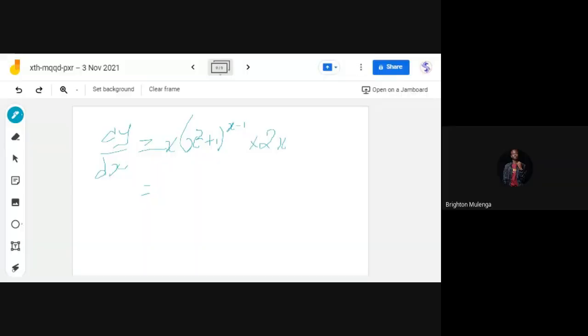Unless we are dealing with integration, you can't add a C at the end.